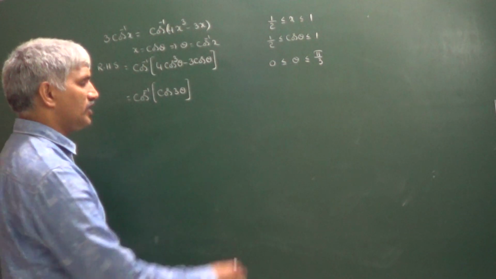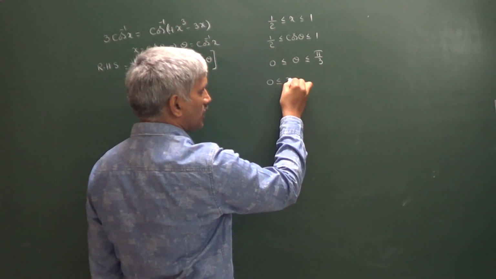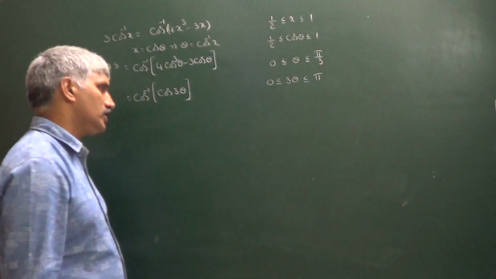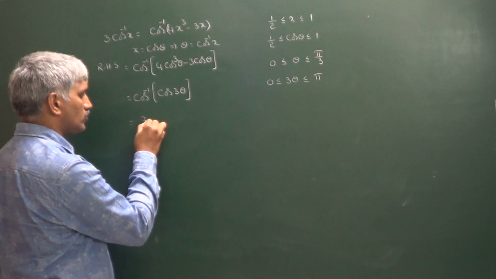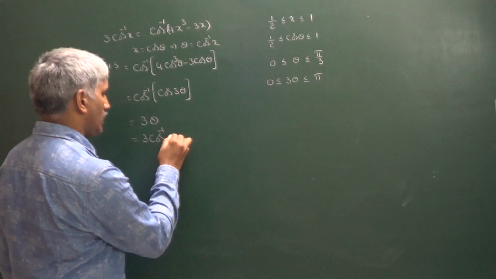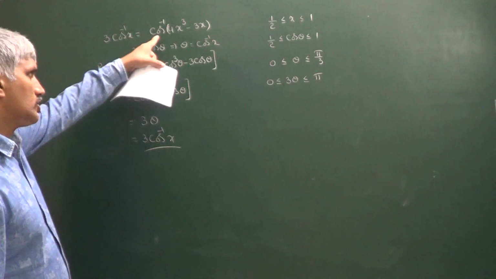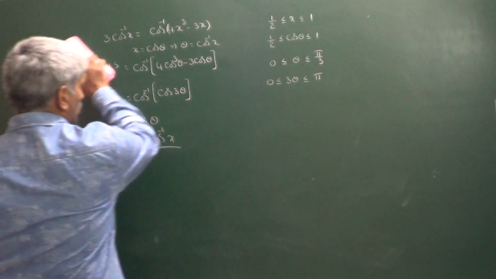Theta is between 0 and pi by 3. Multiply with 3, you will get 0 is less than or equal to 3 theta is less than or equal to pi. Yes, 3 theta is in the principal branch of cos. That's cos inverse, that's why we can write this as 3 theta. And theta is nothing but cos inverse x. So cos inverse of 4x cube minus 3x, we can write as 3 times cos inverse x.